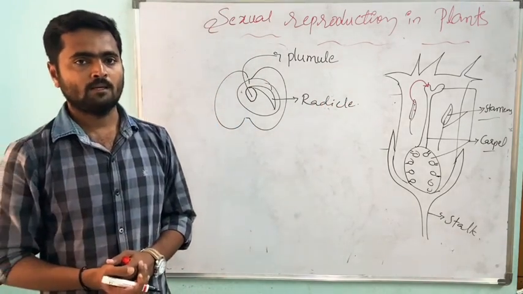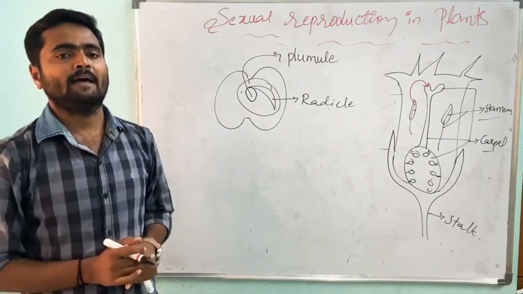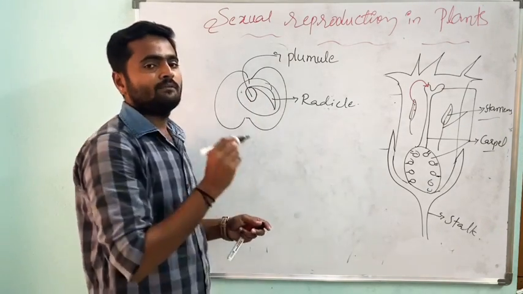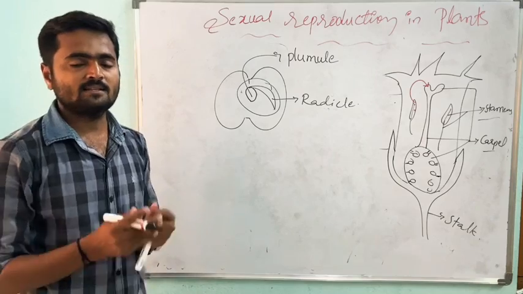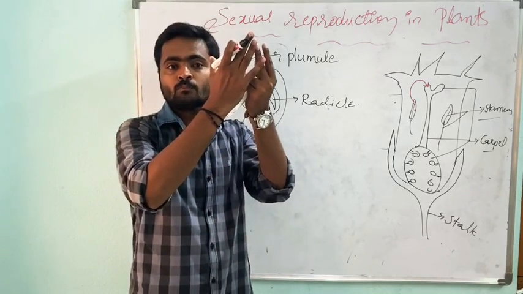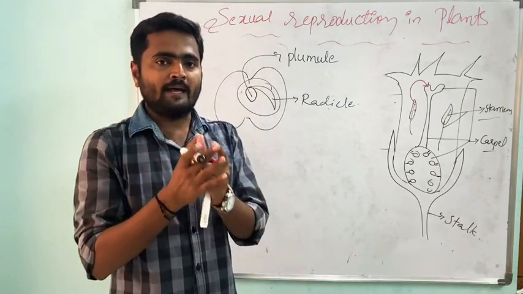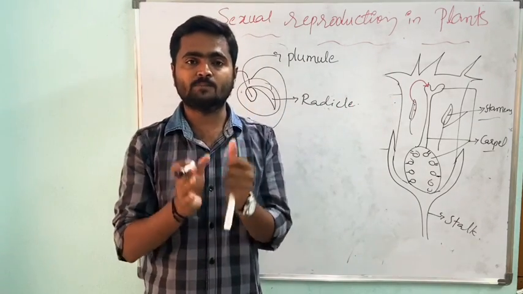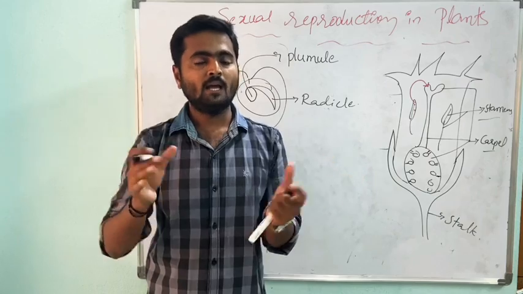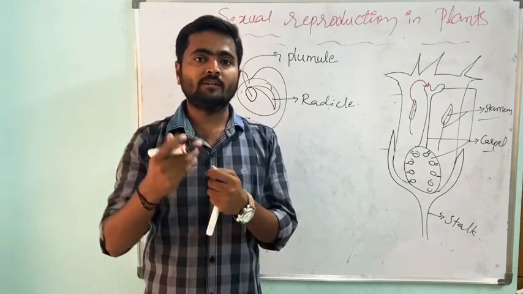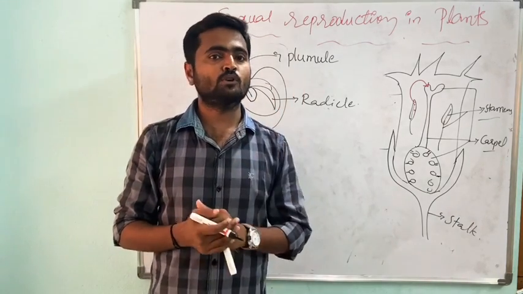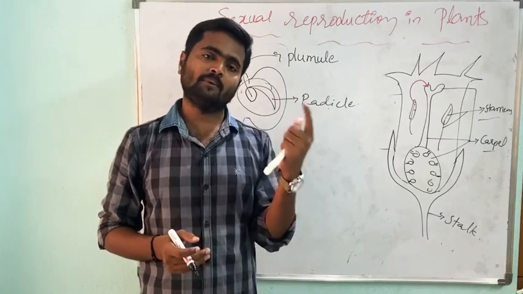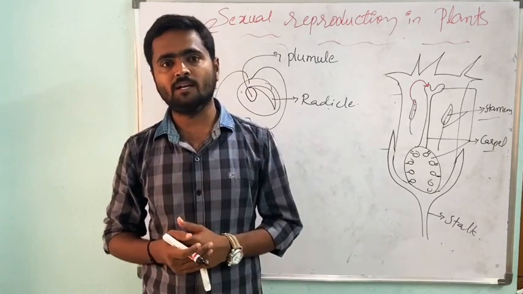Now the life cycle of a plant. If you sow the seeds, the seeds develop into a plant. After the plant develops to a certain height and produces certain leaves, it starts producing flowers. Then after the flowers mature, fertilization takes place either by self-pollination or cross-pollination.